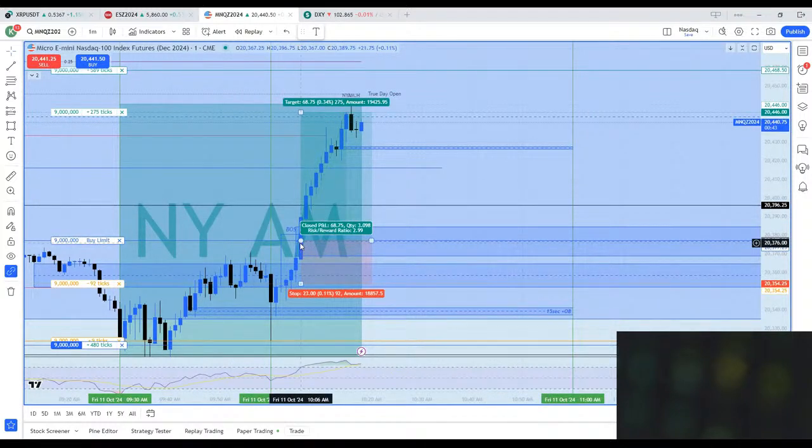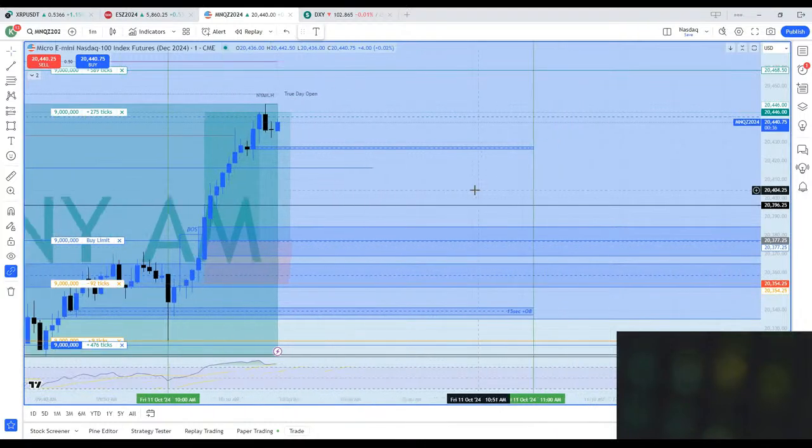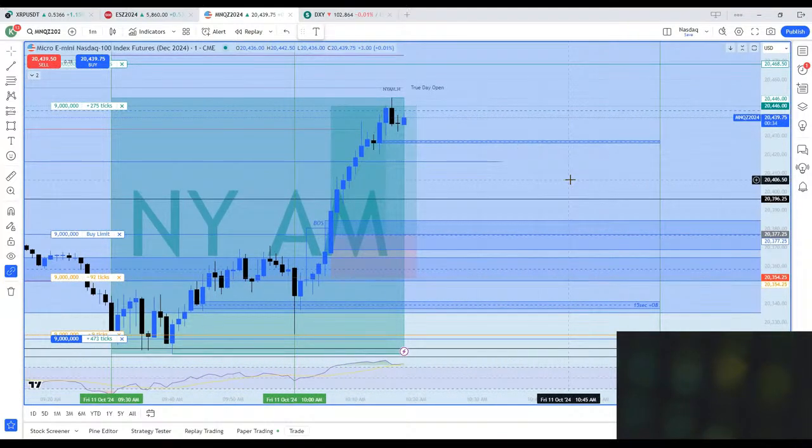This is my setup, my model that I look for. It don't work all the time, but the majority of the time it does work. And trading is a probabilities game. Having a set of rules, having a strategy, having something that you know repeats over and over again, and you can get stats on it, is the difference between getting in these markets and gambling and actually trading with sound logic.